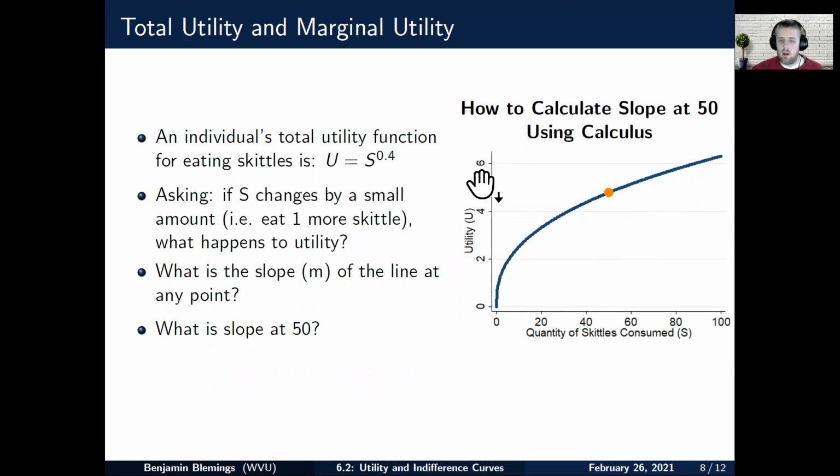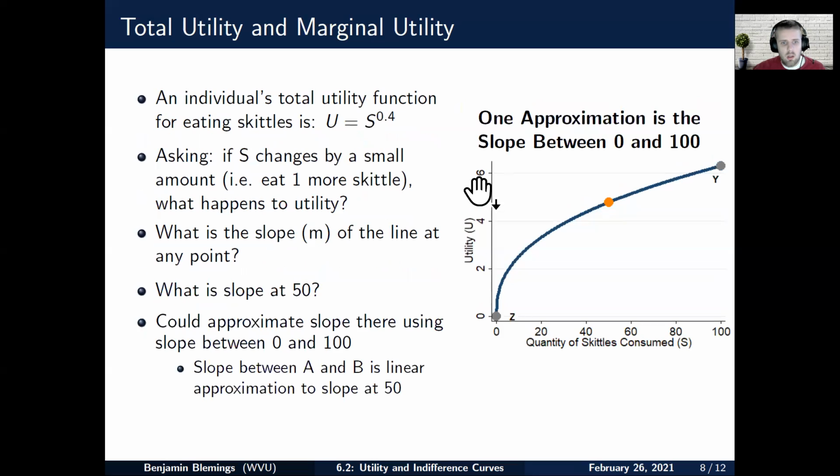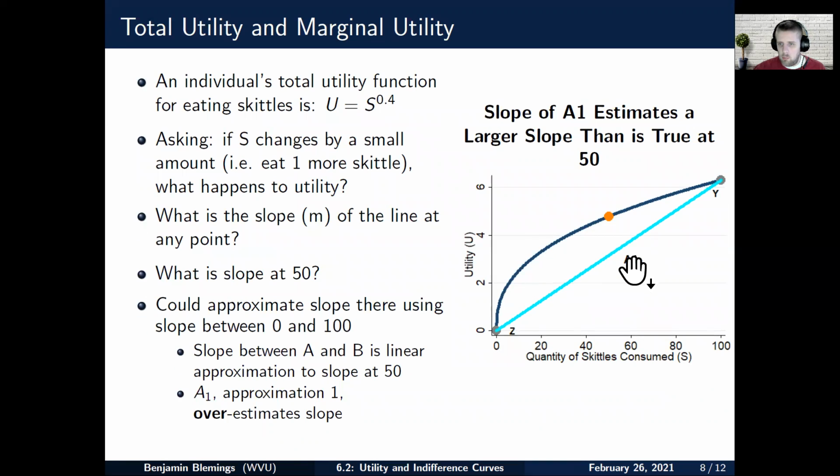Well, we use calculus to find our slope, and I'm going to try to give you the intuition of that. One approach to approximating the slope at 50 would be to use our point at 0 and our point at 100 and say this is an approximation, the slope of line A1 for the slope at 50.